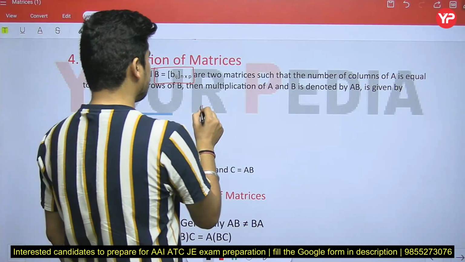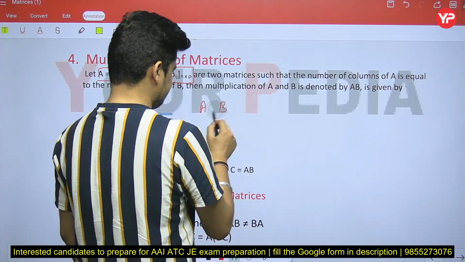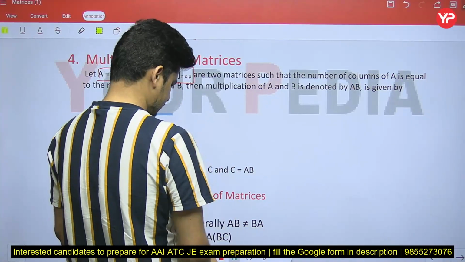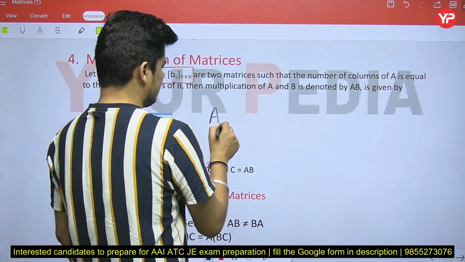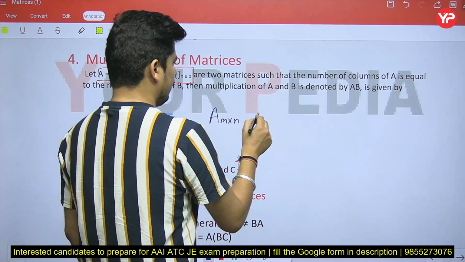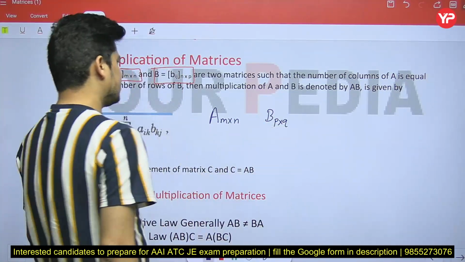So basically, to perform A into B, let me tell you. We have matrix A as M cross N and matrix B as P cross Q. Try to understand here.